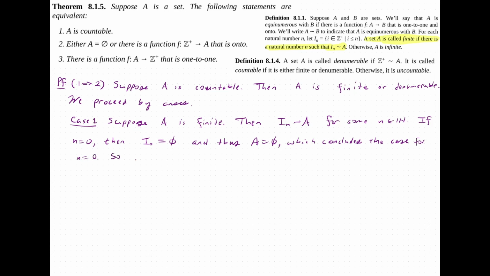So suppose that n is a positive integer.